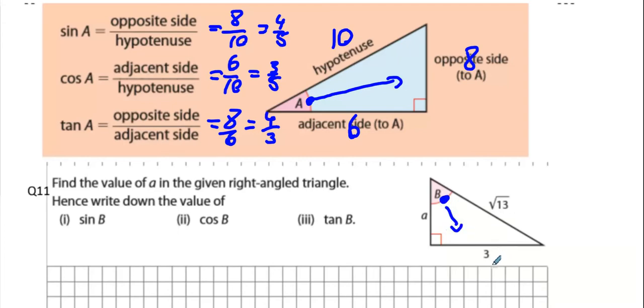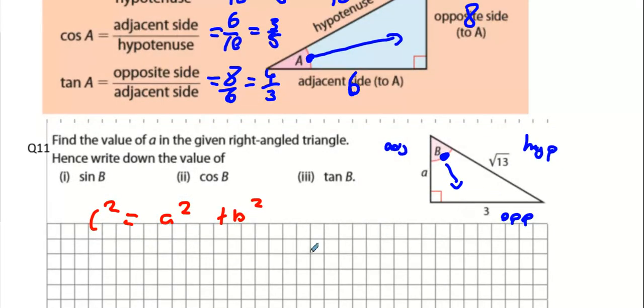So, what we have in this case is we're using angle B, first of all. And we can see that B is, the hypotenuse is root 13. The opposite is 3, and the adjacent is A. But we're first going to have to start off with Pythagoras' theorem to find out what is the side A. Okay, so here's what we're going to do. The longest side is root 13, so it's root 13 squared. And then we have A squared, which is the adjacent squared, plus B squared, which is 3 squared.